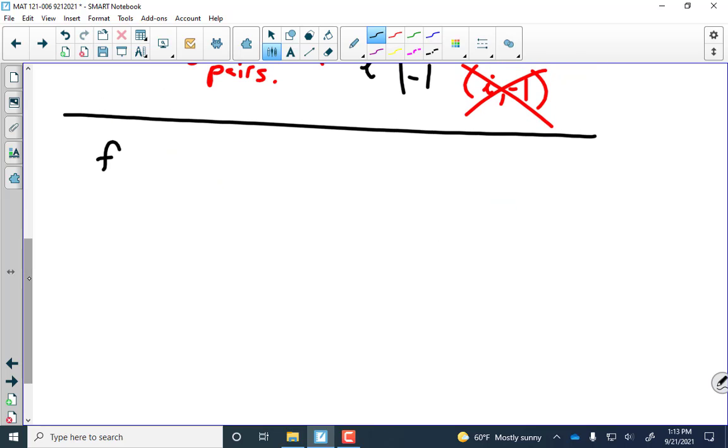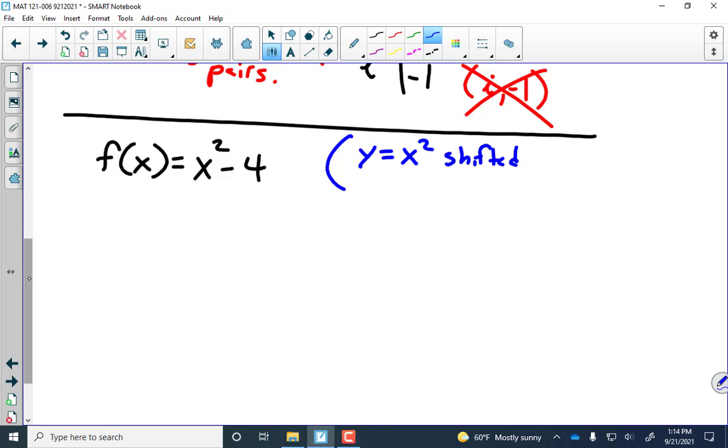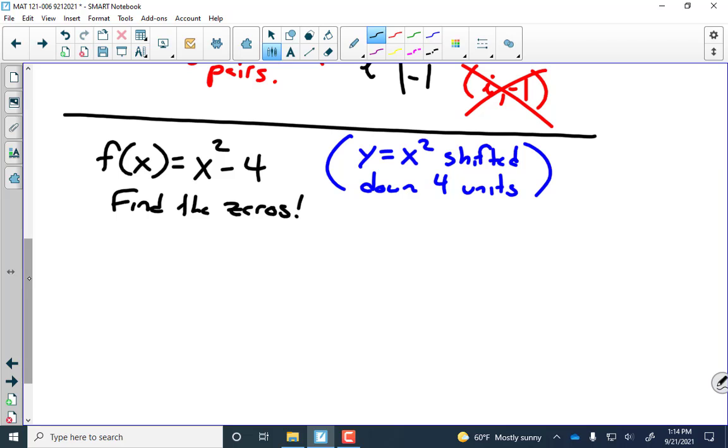So let's take a function like f of x equals x squared minus 4. Now we know this function. Whether or not you're super comfortable with it, hopefully with a little reminder, you will agree that that's just going to be the x squared graph shifted down 4 units, because we did some transformations in our previous unit. If someone told me to find the zeros of this, I don't need the quadratic formula for this one.